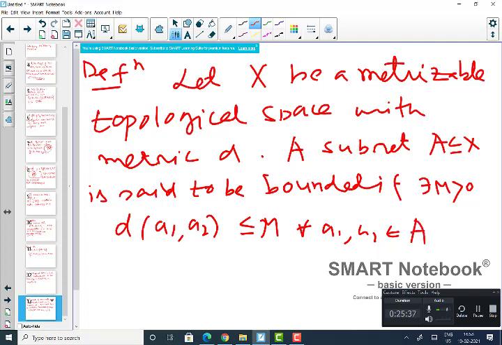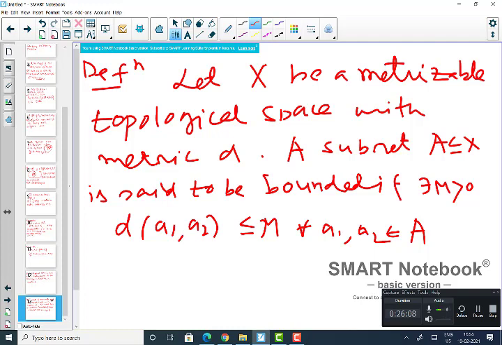If you choose any such pair of points a1 and a2 and check whether the distance between a1 and a2 is bounded by M or not, and it is possible for all such pairs, then we say that the subset A is bounded. And this boundedness property was not there inside a general topological space. Okay, clear? And obviously, the moment you have a boundedness property, you can define something called the diameter.